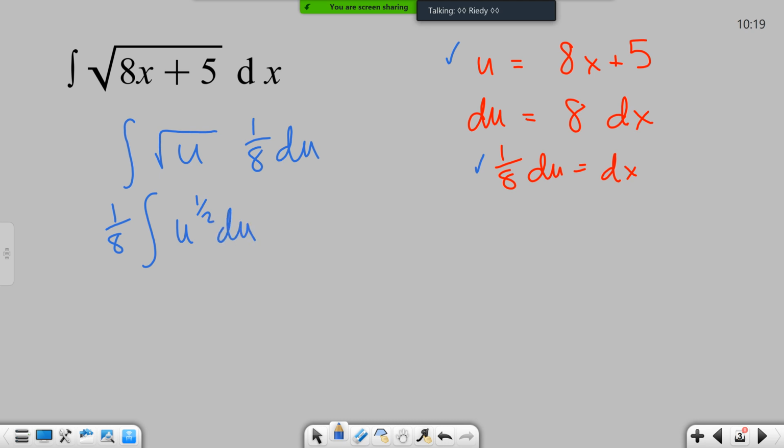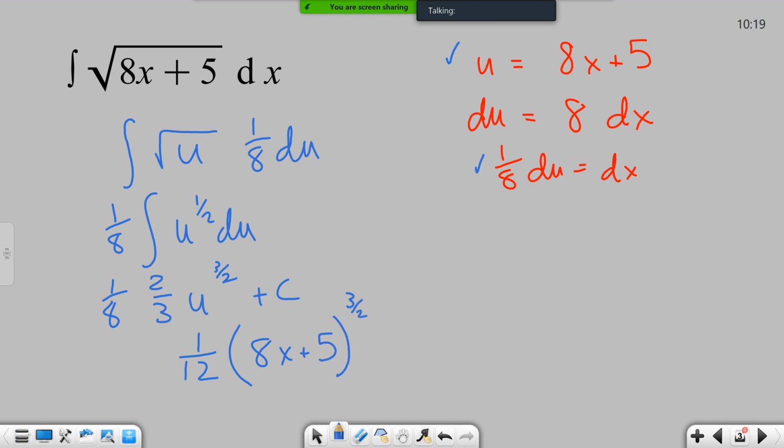And I'm just going to keep going because you should know how to do this, but just in case: 1/8, 2/3 u to the 3/2 plus c. Don't forget indefinite integral, so that gets a plus c. And then our final answer would be 1/12 times 8x plus 5 to the 3/2 power plus c.